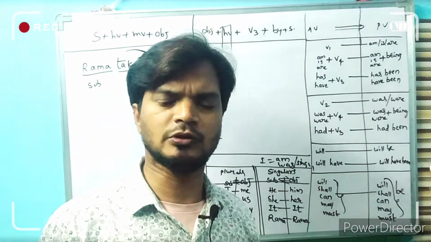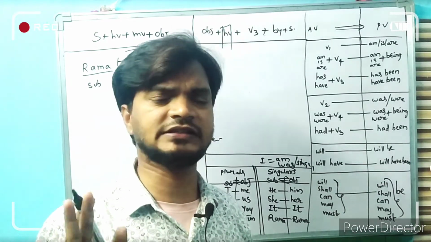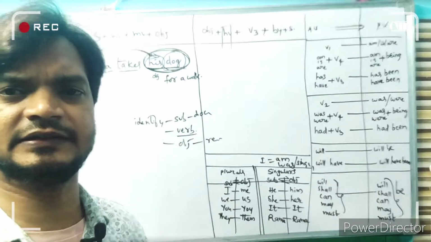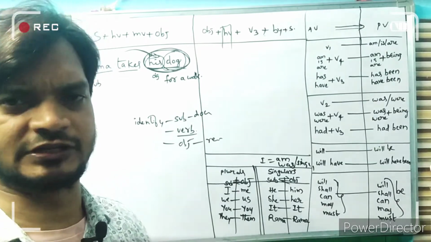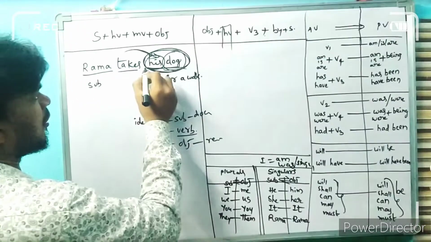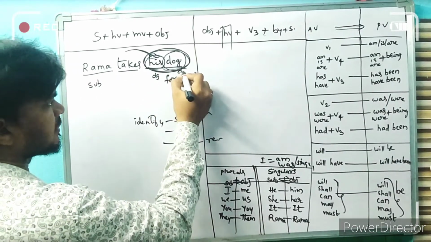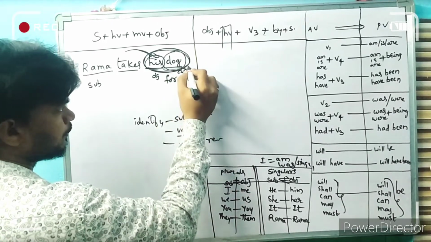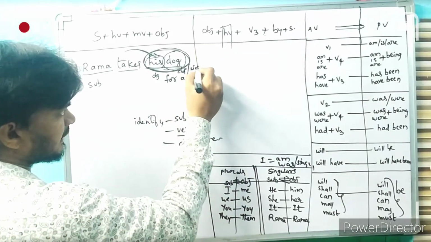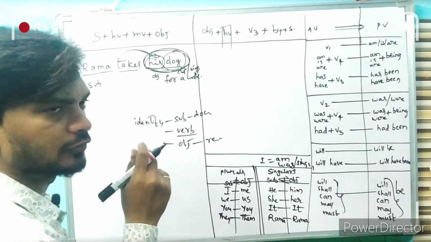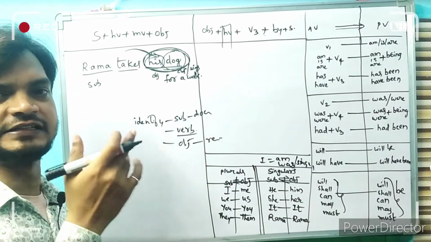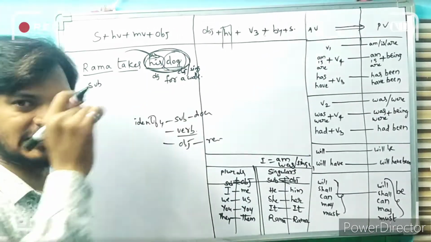If it is a pronoun or noun, just underline it and consider it as the object. Okay, fine. His dog is the object here. Identify this part also: consider whether it is singular or plural. His dog is singular.